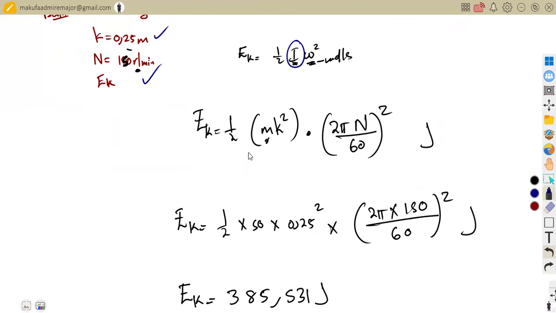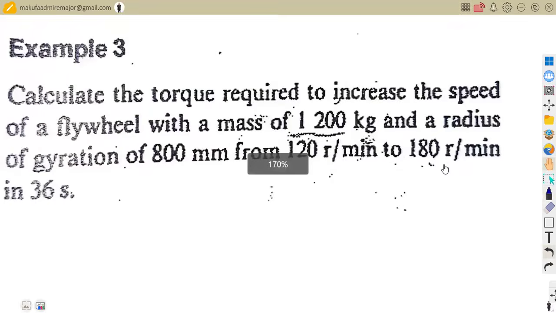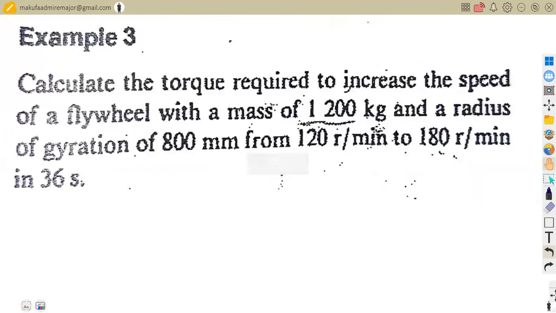All right, another question, example number 3, is to calculate the torque required to increase the speed of a flywheel. There is a change in speed, an increase.